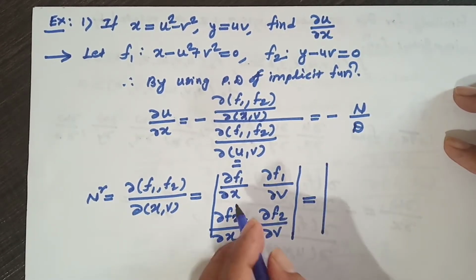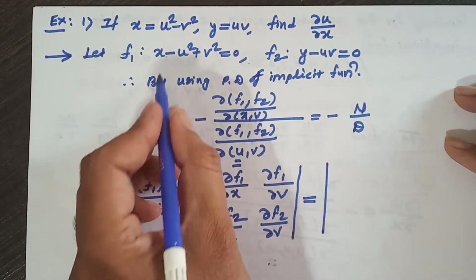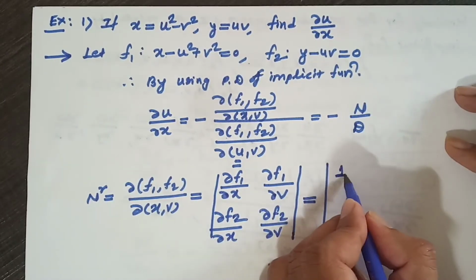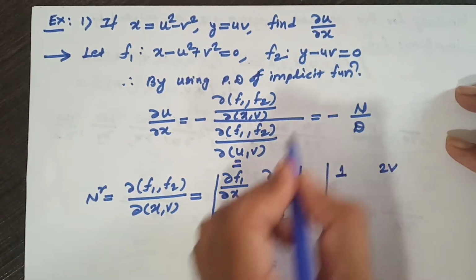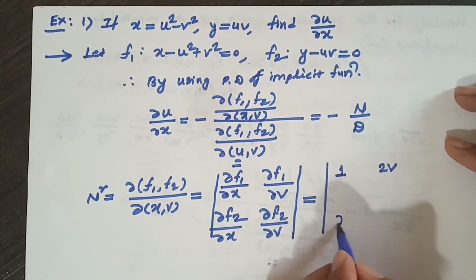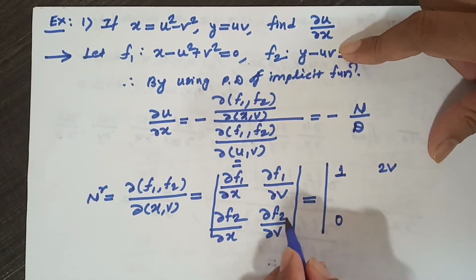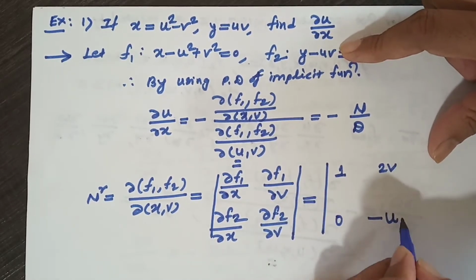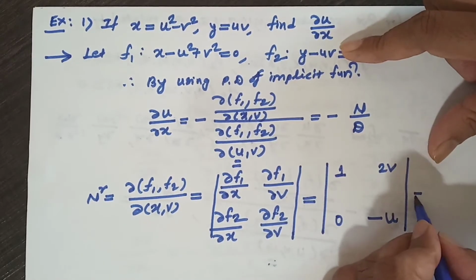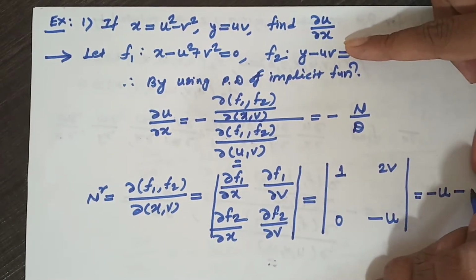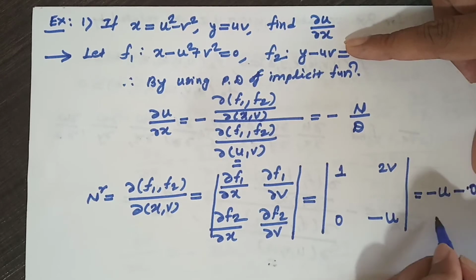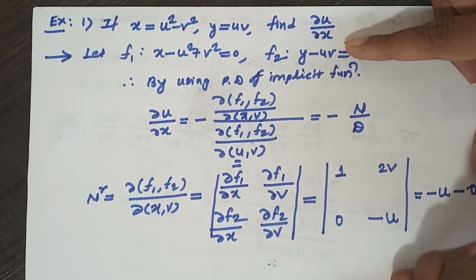Then differentiate f1 with respect to x: 1. f1 with respect to v is 2v, f2 with respect to x is 0, and f2 with respect to v is minus u. So minus u minus 0, and that value is equal to minus u.